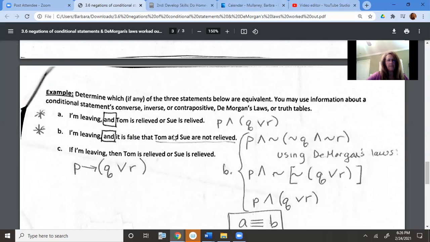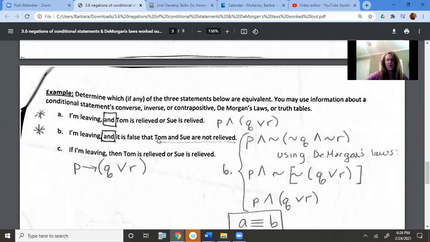I'm leaving is P, and then it says it is false. So I'm going to use that negation sign to say it's false that Tom and Sue are not relieved. Well, that implies Tom is not relieved and Sue is not relieved. So I will say not Q and not R, okay? Because the word not is in there.